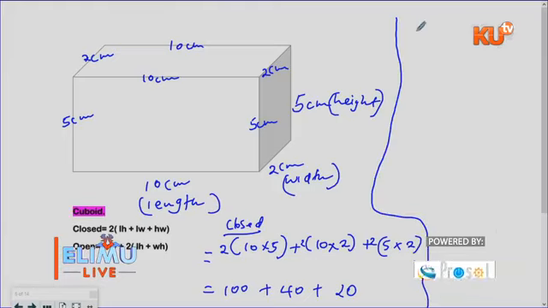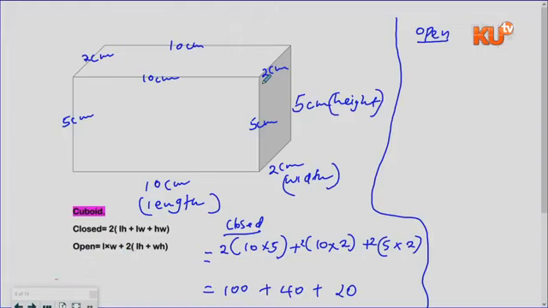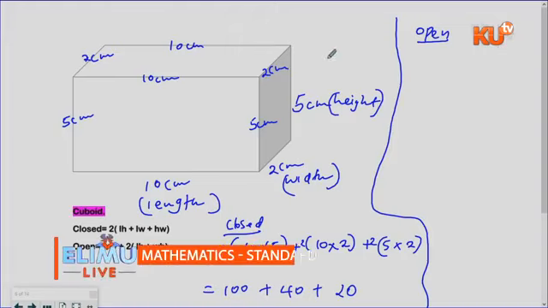Now we have an open cuboid. Like I've said, it is important for you to identify which side is open. Many times learners assume that the top part is the one that will always be open. That's not the case. Sometimes, like you can see here, I want to use this side as the open one, and then after that, we work it out.